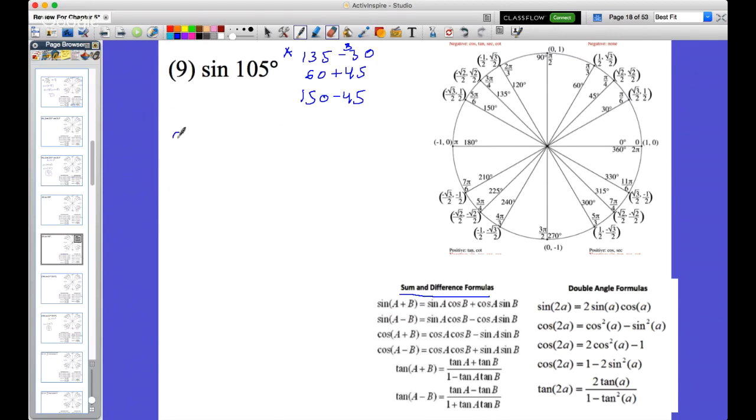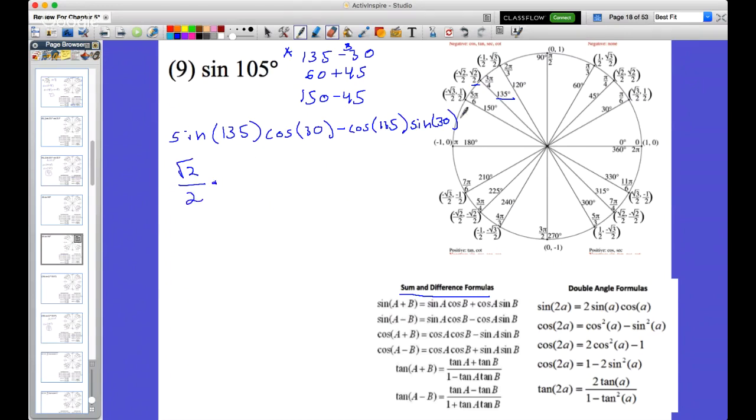So that means I'm going to take the sine of 135 times the cosine of 30. Subtract that from the cosine of 135 and the sine of 30. Well, the sine of 135, looking at 135, the sine should be root 2 over 2.